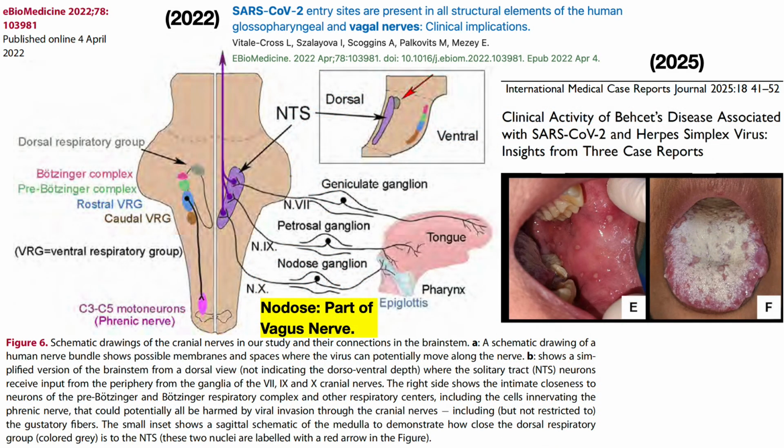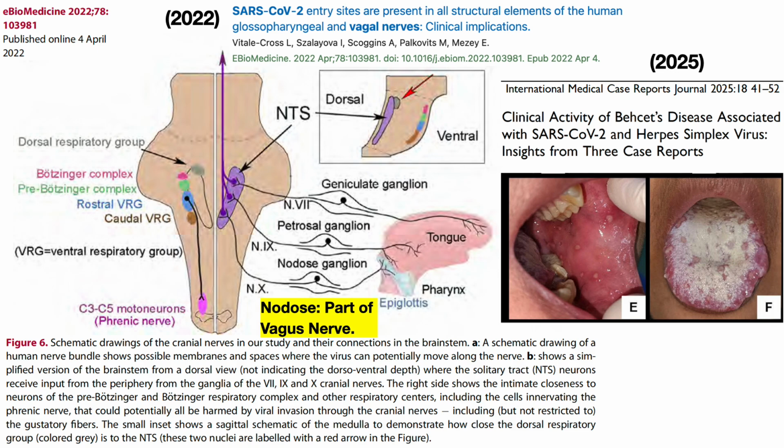And so here, bringing these elements together: SARS-CoV-2 entry sites are present in all structural elements of the human glossopharyngeal and vagal nerves, clinical implications. And this diagram helps illustrate that you have an organ, in this case the tongue, or the pharynx, or the epiglottis, and these portions of the oropharyngeal cavity and its organs are innervated by different cranial nerves.